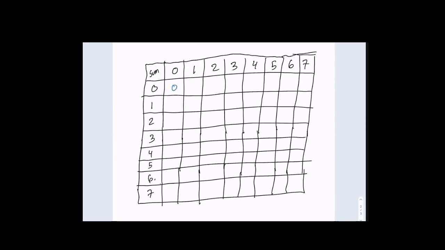0 plus 1? 1. Yeah. And so if we can see here, there's that pattern right there. This pattern also goes downwards because 0 plus 1, so we would have the same thing here.